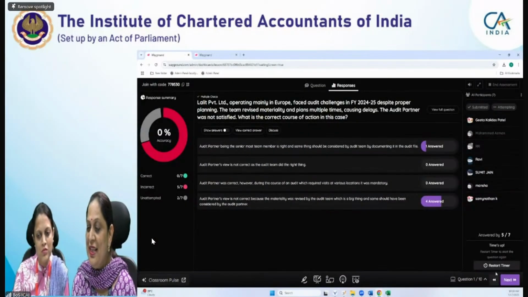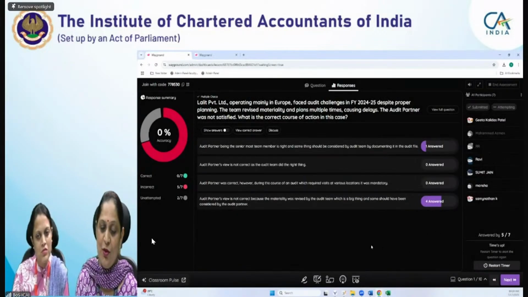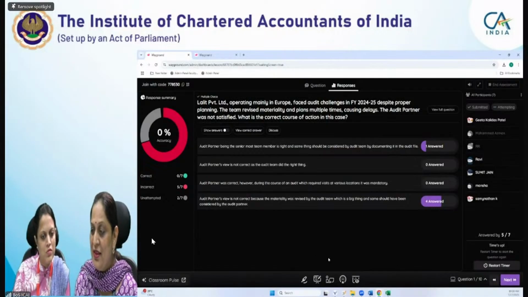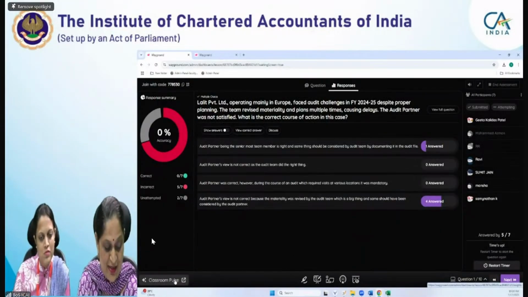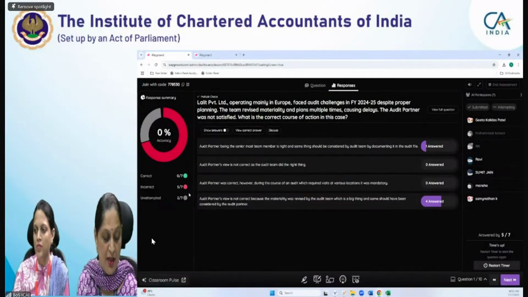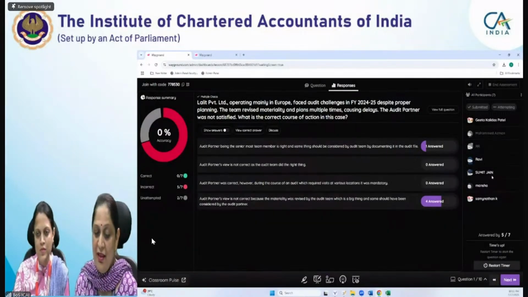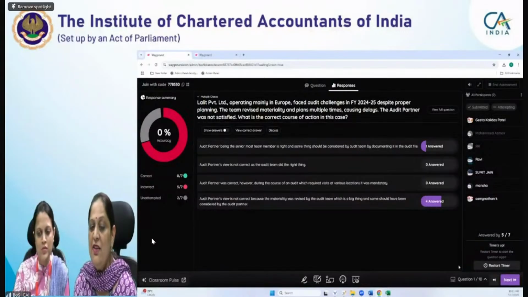You can see the dashboard responses. Geeta, Ravi, Sumit, Mansha, and Samyanathan, who do you all have answered, right? And the correct answer is audit partner's view is not correct as the audit team did the right thing, right? Because the question is Lalit Private Limited operating mainly in Europe faced audit challenges.